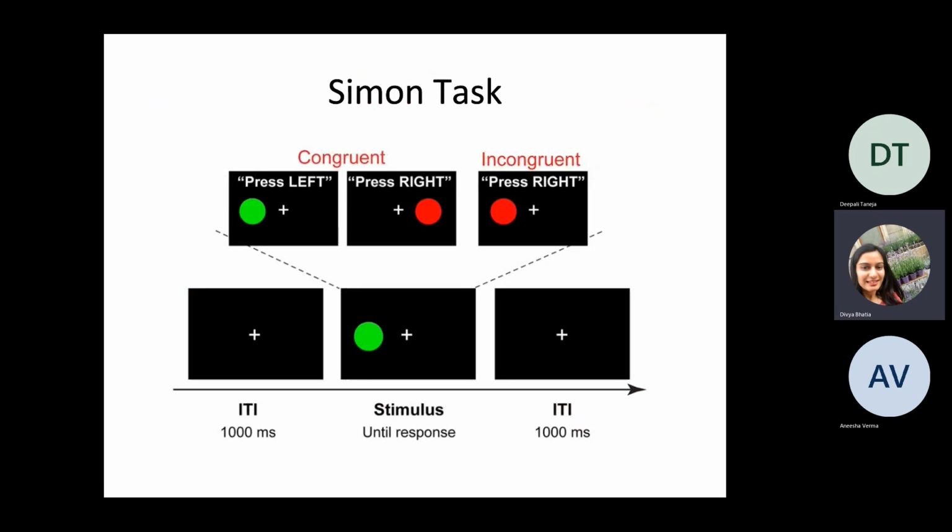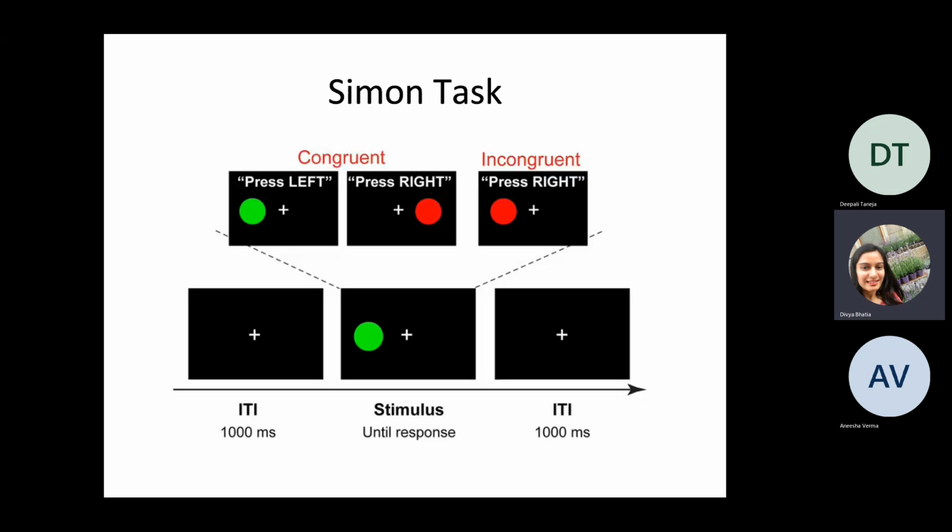What generally is observed in this very simple Simon task, and I'm sure most of you would have done it, is that sometimes it's a congruent condition and sometimes an incongruent condition, meaning there is a spatial mapping between the response key and the location where the stimulus appears. So it can be left, left, or left, right, or right, right, or right, left.